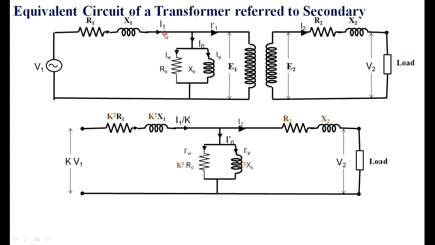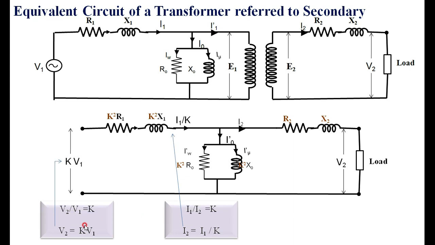Similarly, I1 you have to transfer to the secondary side. Then what you are getting is I1 by I2 is equal to K. What we need is I2. Therefore, I2 is equal to I1 by K. Therefore, if we are transferring I1 to the secondary side, it becomes I1 by K. Here it is V1, I want to transfer to the secondary side.